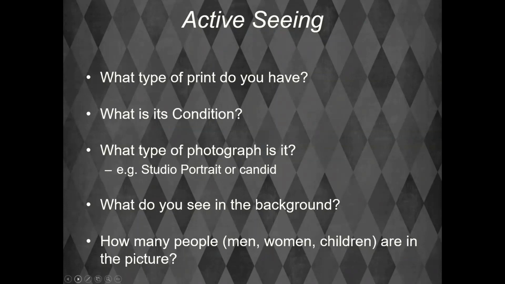So if somebody says, I'm looking for bonnets, we can write a descriptor that says, you know, this is an 1840s era Scottish bonnet, so that if I'm doing an online search, that becomes discoverable to me to be able to use that in my research or maybe in my family tree if it's a photo of my family. So the process of writing those descriptions, we use what's called active seeing.